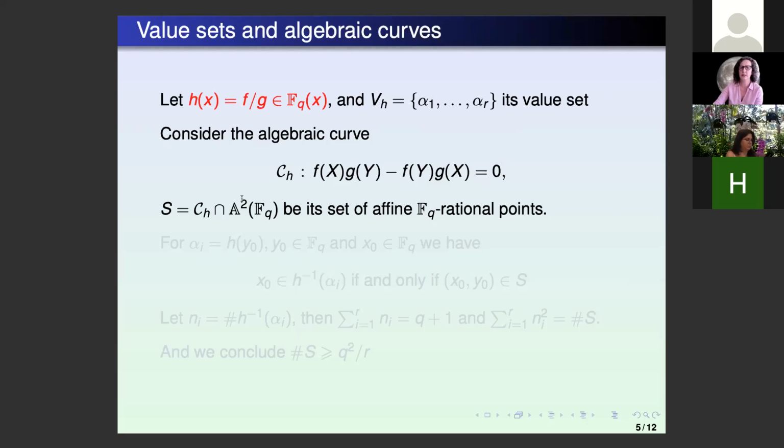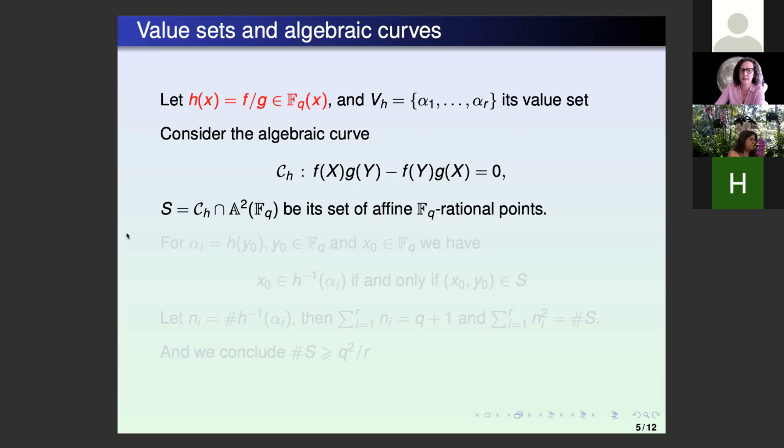Then we can associate the algebraic curve given by h(x) equal to h(y). You want to know when x and y have the same value. So you get this curve, f(x)g(y) minus f(y)g(x) equal to 0.